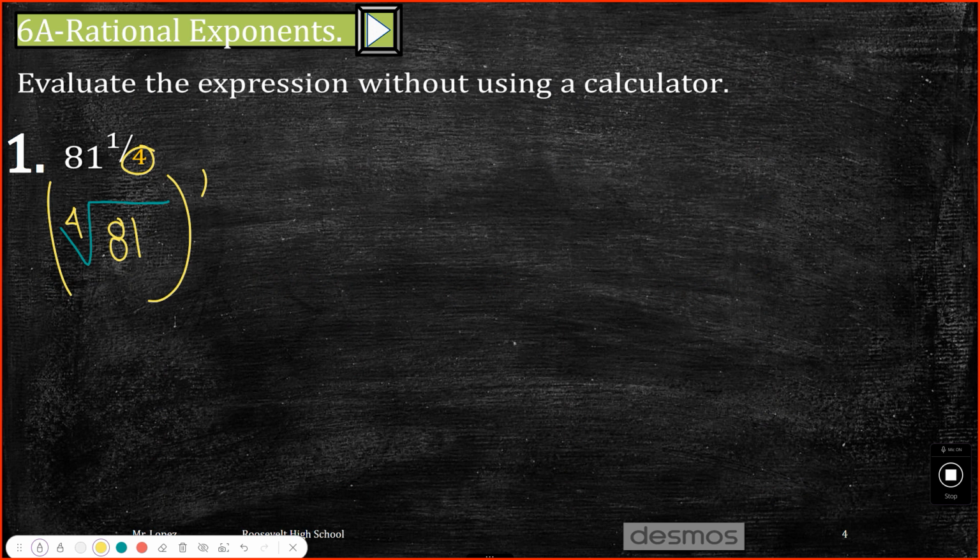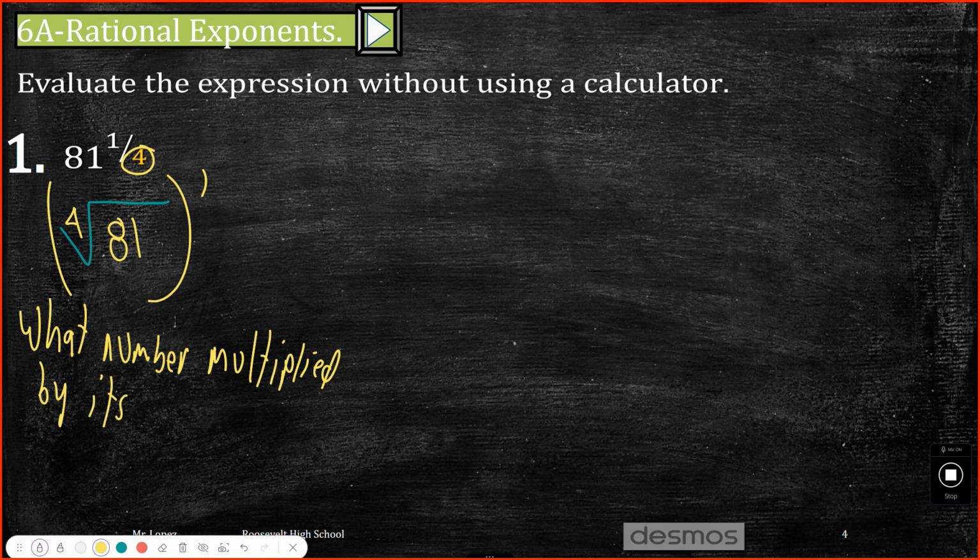Meaning, what number multiplied by itself 4 times is 81?